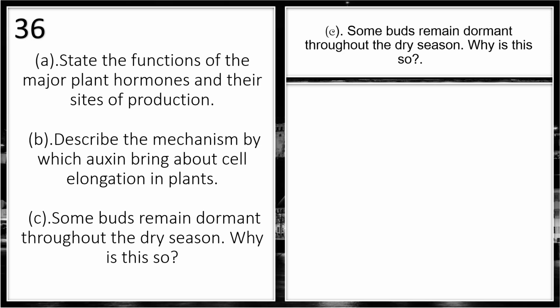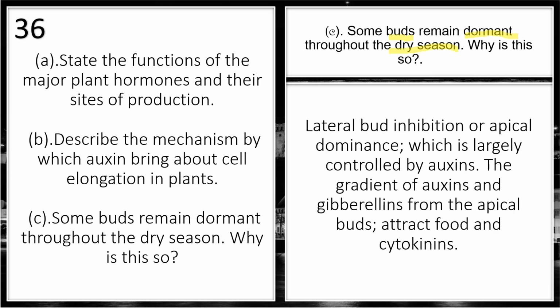Part C. Some birds remain dormant throughout the dry season. Why is this so? The lateral bud inhibition or apical dominance, which is likely controlled by auxins. The gradient of the auxins and gibberellins from the apical buds attracts food and cytokinins.